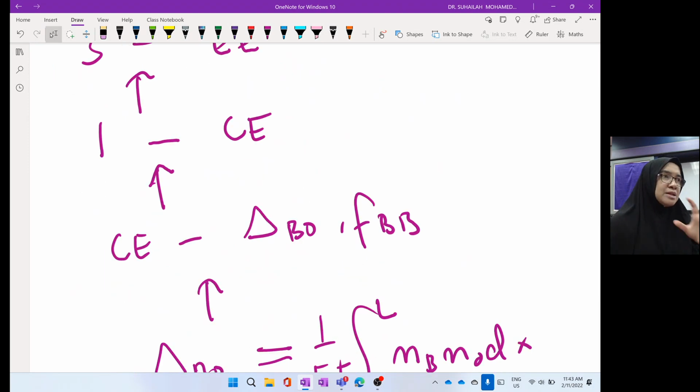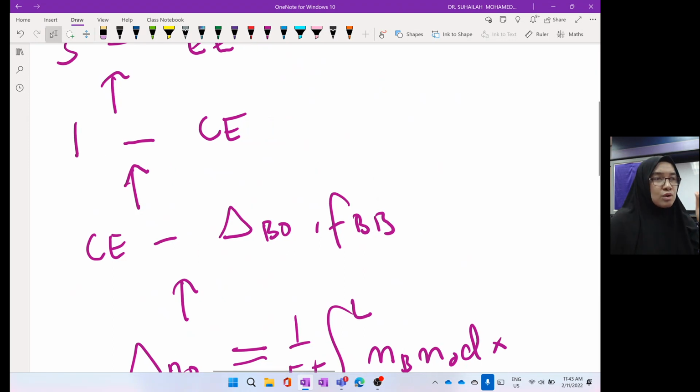And what is inside the compatibility equation is two displacements because we have two systems. When we have one redundant, we have two displacements. When we have two redundants, we have 6 displacements. Okay? So look at the compatibility equation. What are the inputs of the compatibility equation?